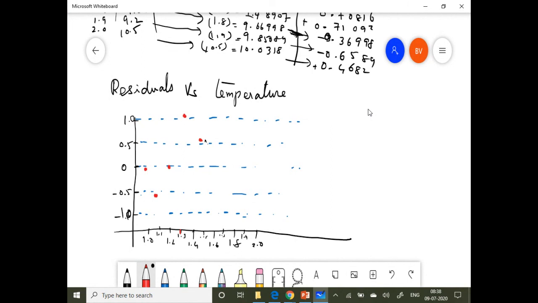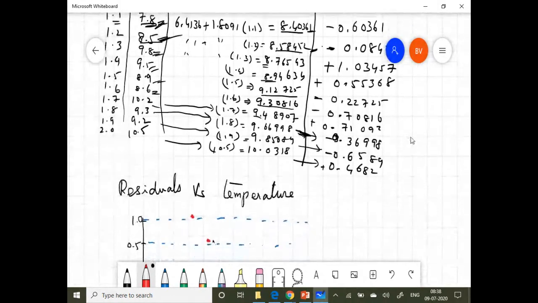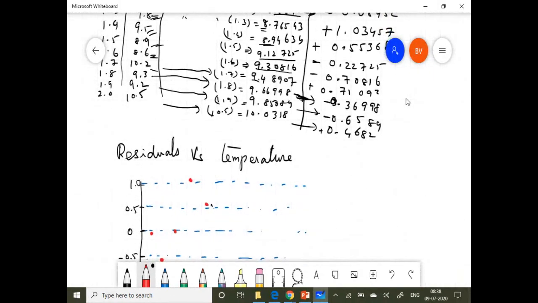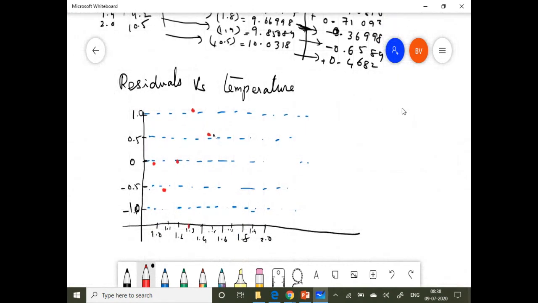And for 1.5, when x is 1.5, it is negative 0.22. Negative 0.2 is between 0 and negative 0.5.